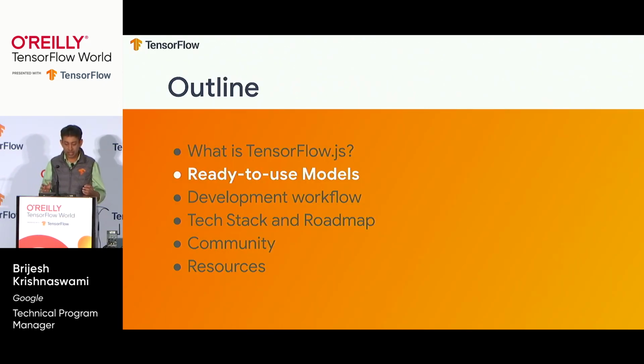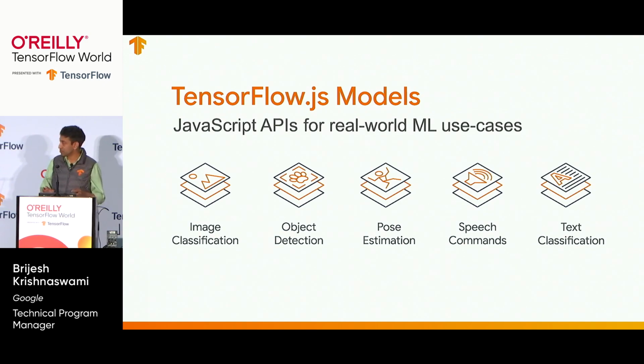So with that intro, I'd like to delve deeper into the ready-to-use models available in TensorFlow.js. Our collection of models has grown and is growing to address the use cases that we just mentioned, namely image classification for classifying whole images, detecting and segmenting objects and object boundaries, detecting the human body and estimating pose, recognizing speech commands and common words from audio data, and text models for text classification, toxicity, and sentiment detection.